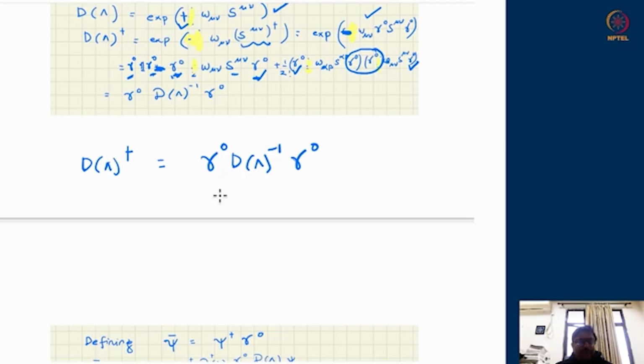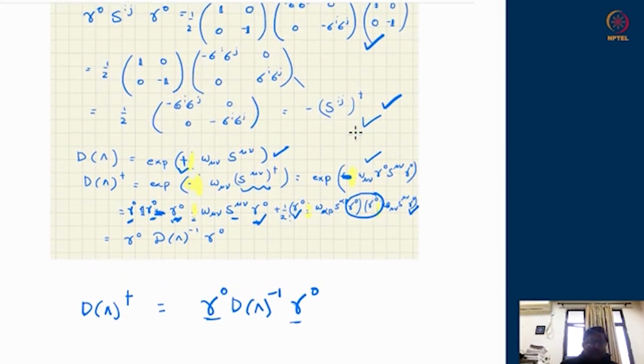Only if it were rotations only, then the dagger would have been equal to the inverse of the transformation. But since it is involving boosts as well, which are not unitary transformations, therefore a gamma naught extra has come about. So irrespective of which notation, which iota version or without-iota version you work with, you will always land upon this property.